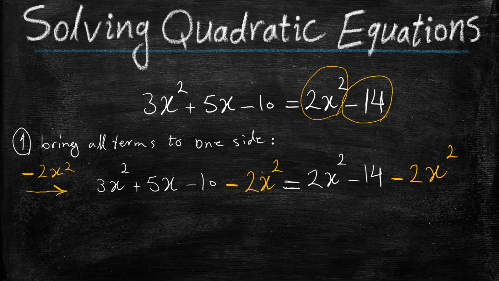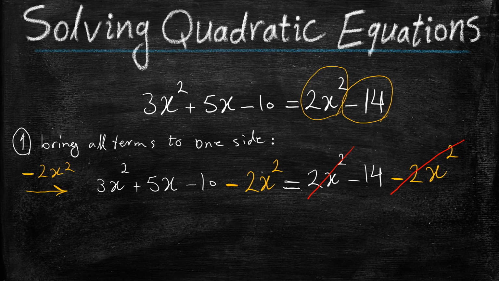The benefit is that the 2x squared on the right hand side is eliminated, because we have 2x squared minus 2x squared. It came basically to the left hand side.